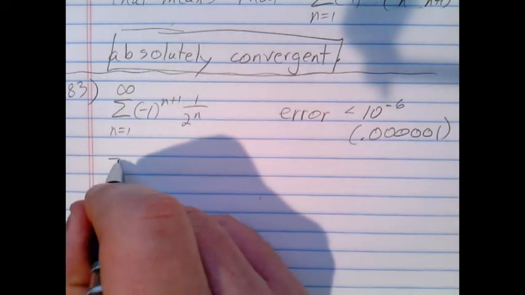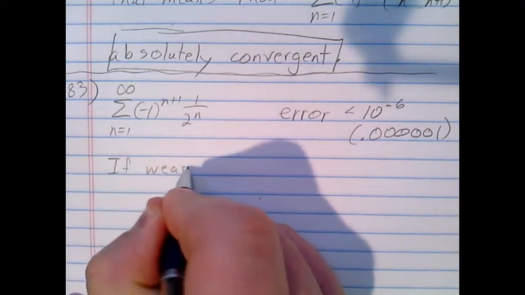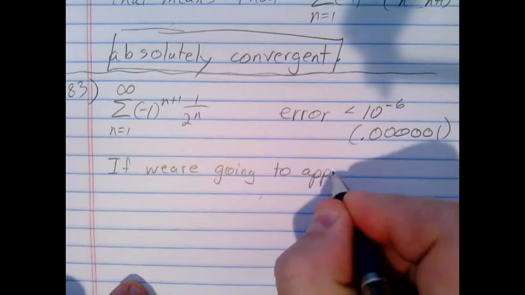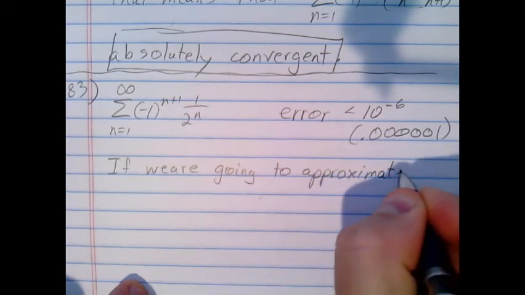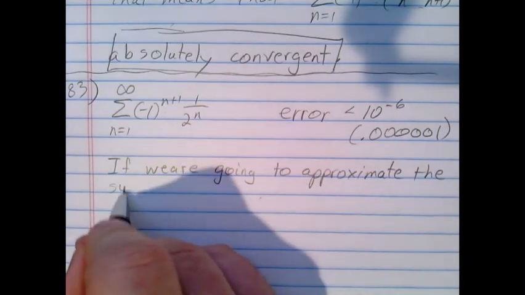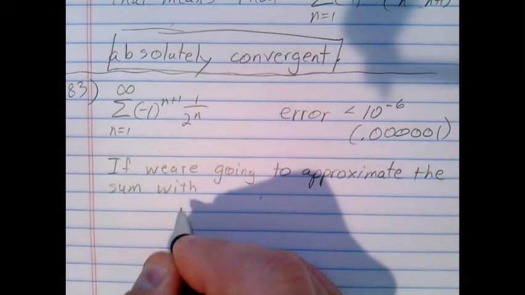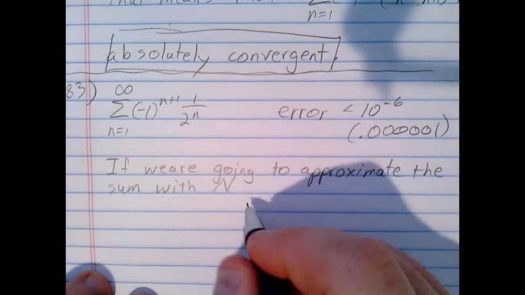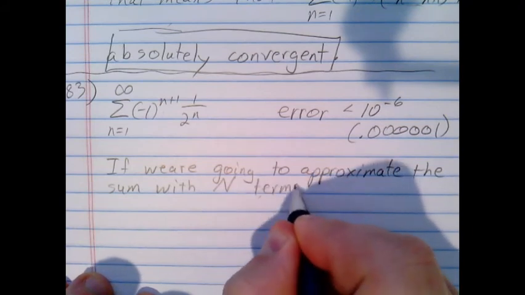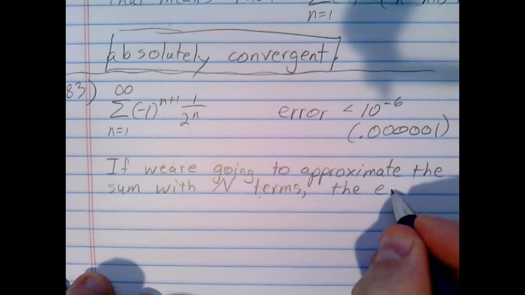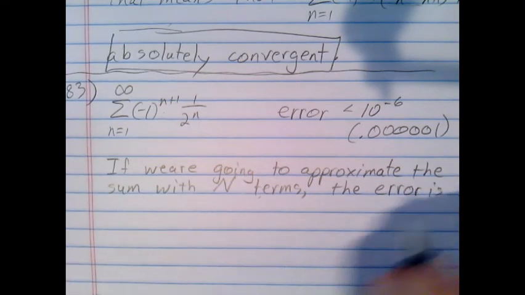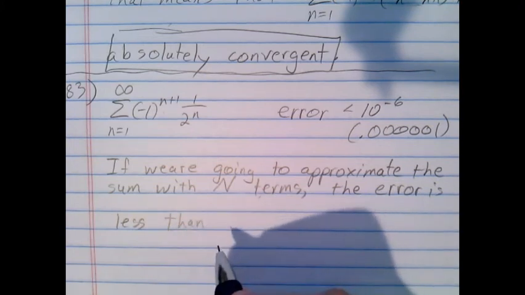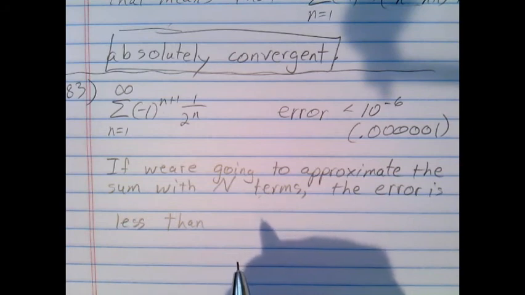So let's just say if we are going to approximate the sum with, all right, we don't know how many we need yet, so we'll just be generic, big N. If we are going to approximate the sum with big N terms, the error is less than the absolute value of the first term we leave out.